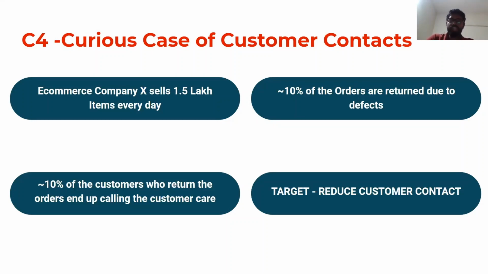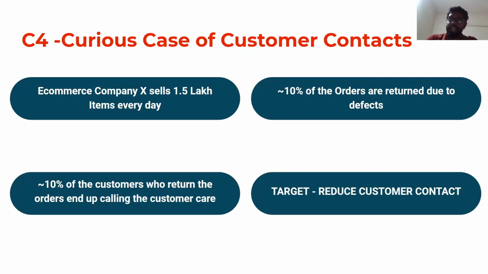Now, out of those 10%, there are 10% of the customers who, when they return the orders, end up calling the customer care. Now, there's a difference between you logging a return request on the app and you logging a return request and calling the customer care as well.